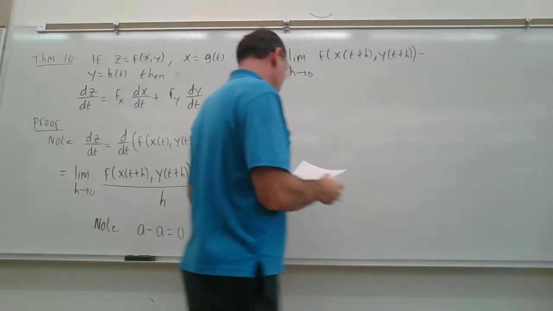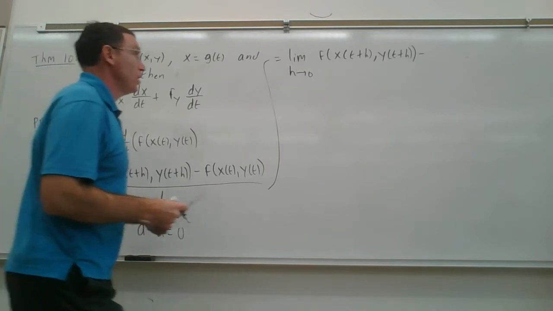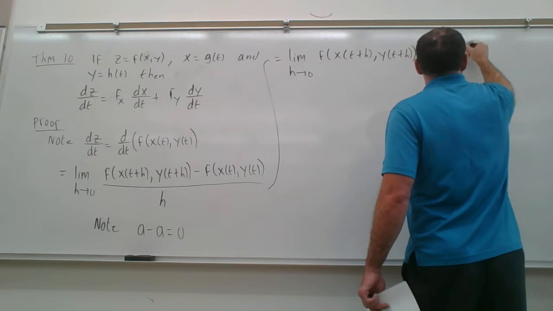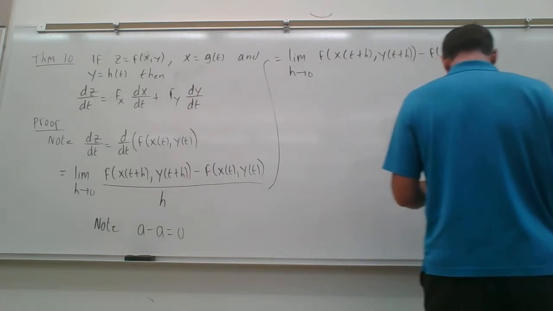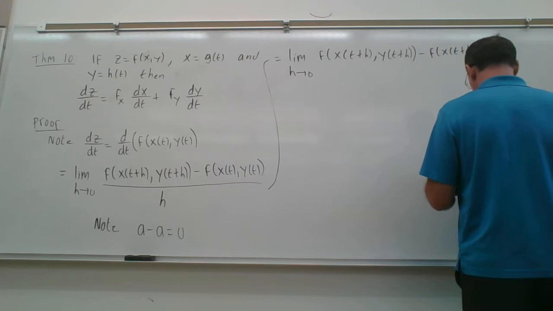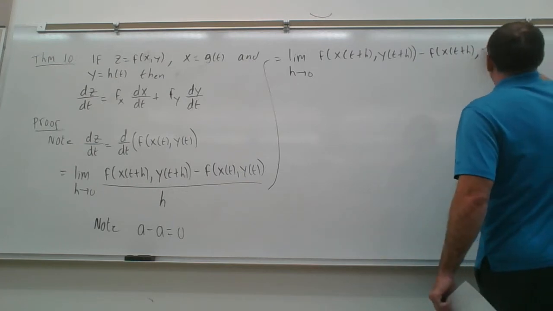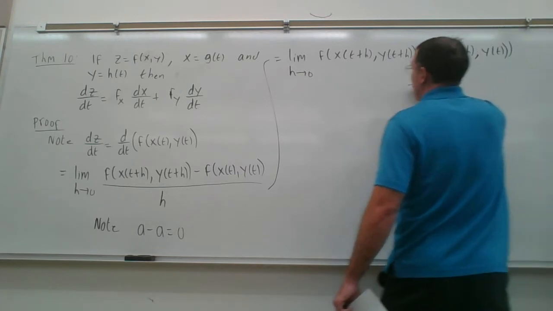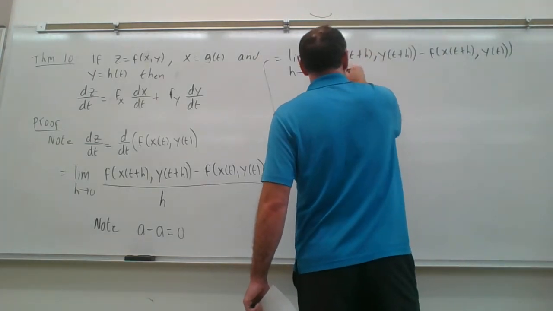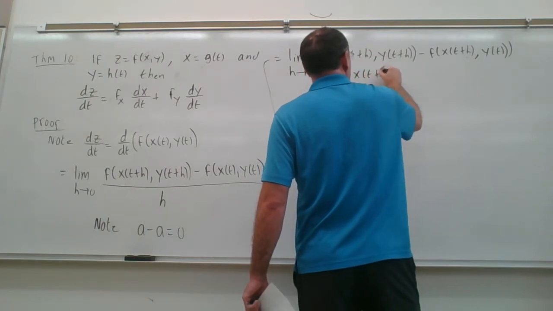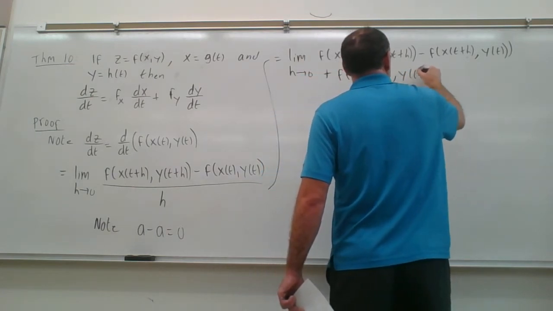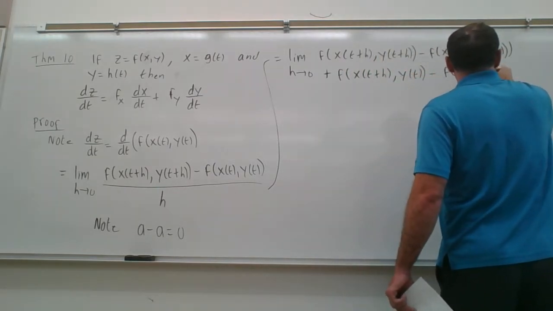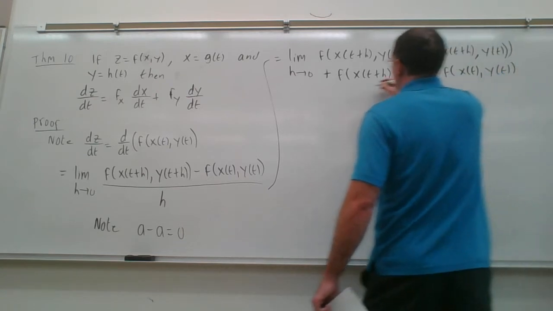Now my a value I'm going to put here is going to be f(x(t+h), y(t)), and that'll be that guy, and then plus, I'm going to add that one in, f(x(t+h), y(t)), and minus f(x(t), y(t)), all divided by h.